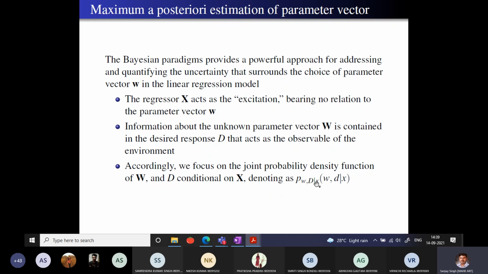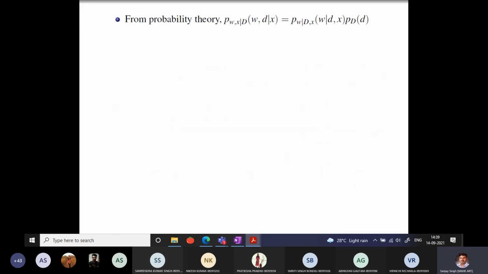Here we are saying the joint probability density function P subscript W,D given X. That is the notation we'll be using, and we know from probability theory that we can always write the joint probability of W and D given X as P(W | D, X) multiplied by P(D).